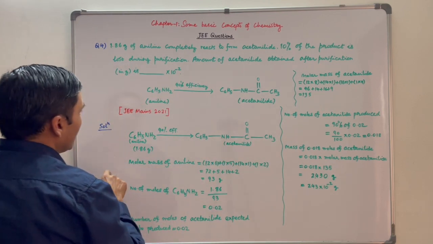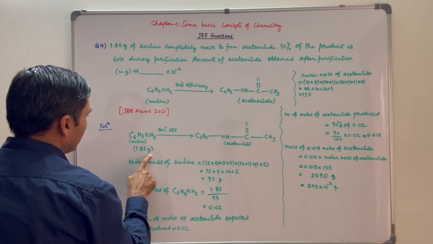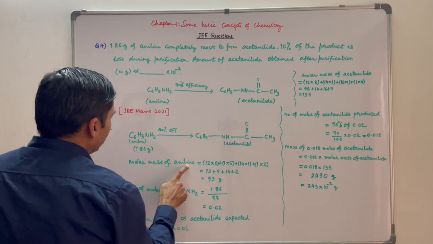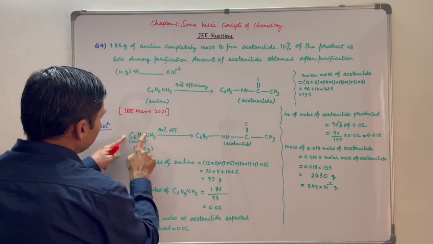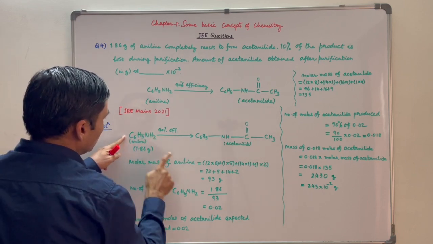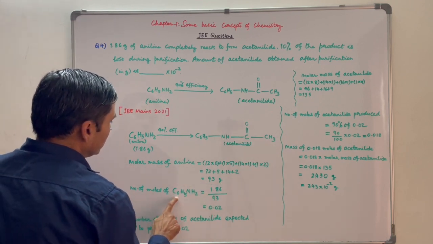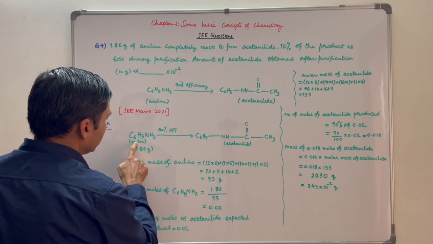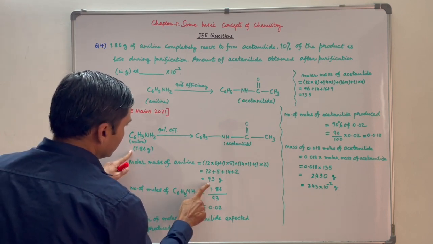So let us figure out how many moles of aniline were there in 1.86 gram. Molar mass of aniline we can calculate as 12 into 6 plus 1 into 5 plus 14 into 1 plus 1 into 2. That comes out to be 93 gram. So number of moles of C6H5NH2, that is aniline, will be 1.86 gram upon molar mass 93.